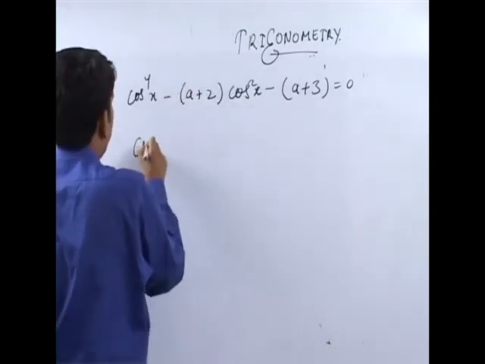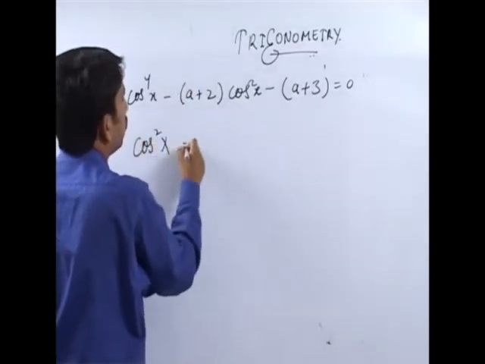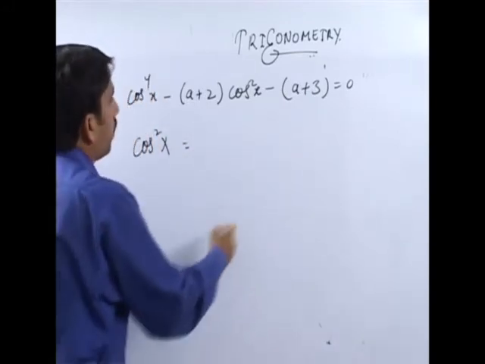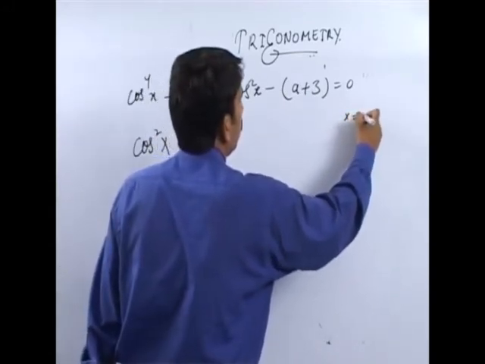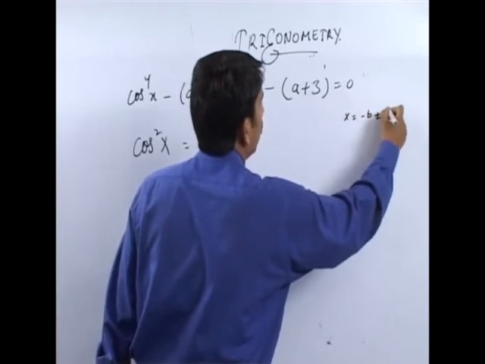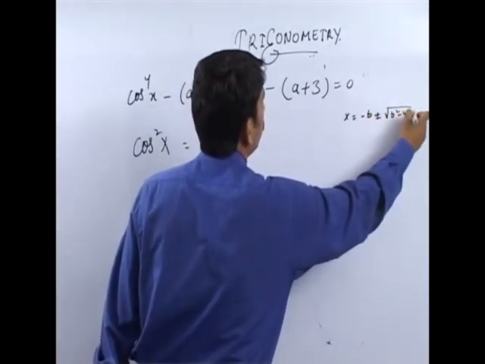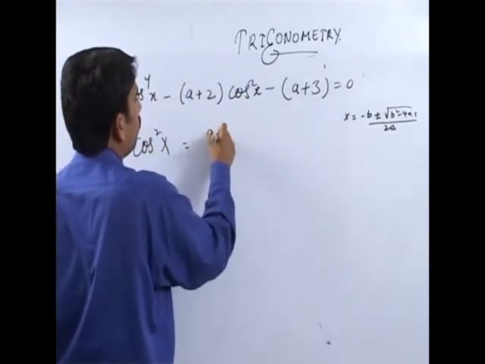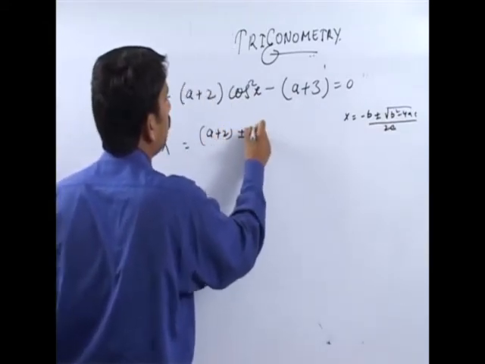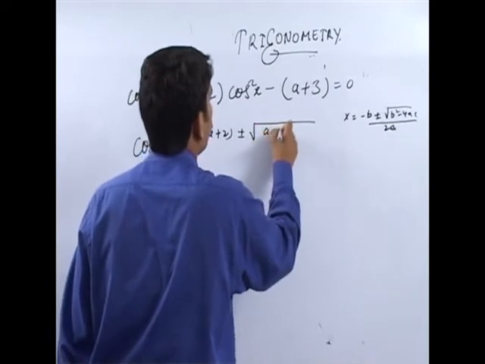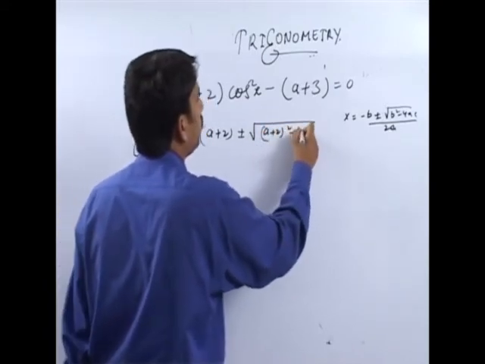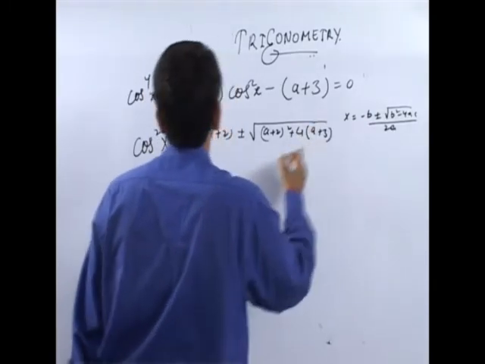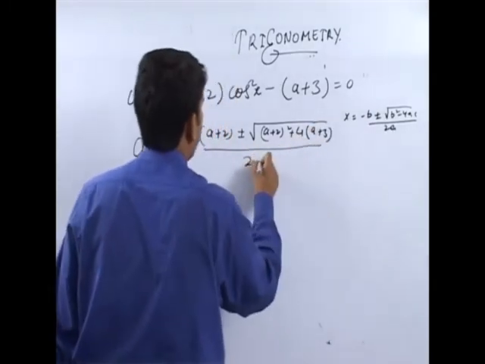Now here cos square x is equal to minus b plus minus under root b square minus 4ac over 2a. This is equal to a plus 2 plus minus under root of (a plus 2) whole square, minus 4ac, which will make it plus 4 times (a plus 3), whole over 2a.